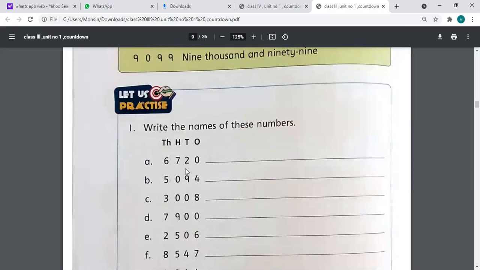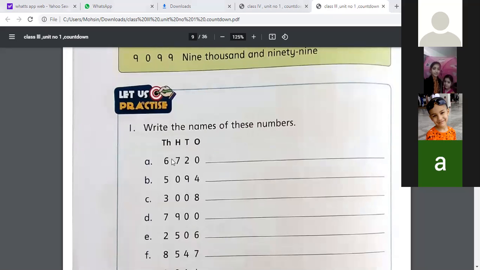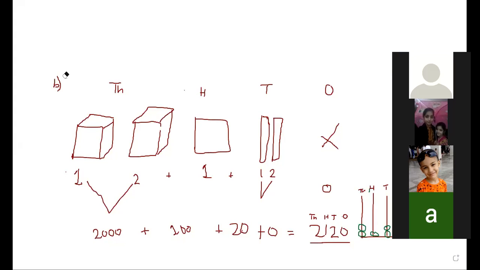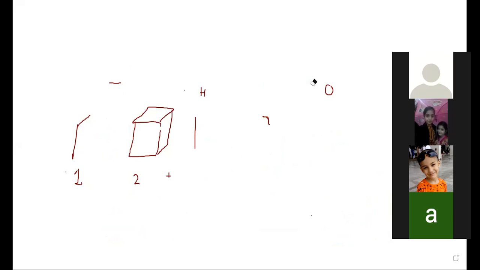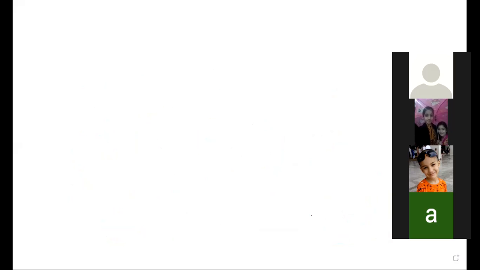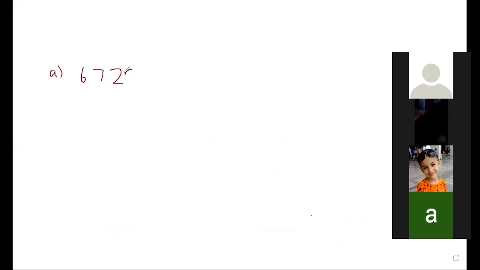I'm going to do this one for you on the board. Part A. In part A, what we have to do, they give a value: 6, 7, 2, and the last one is 0.